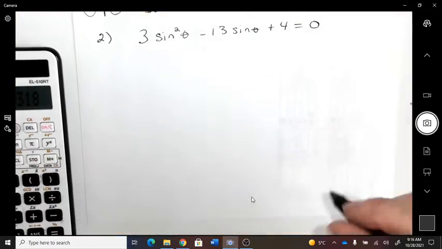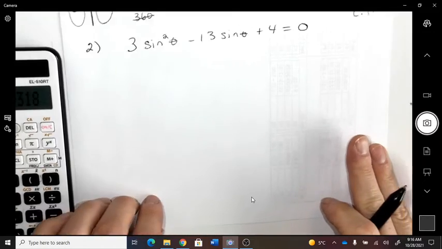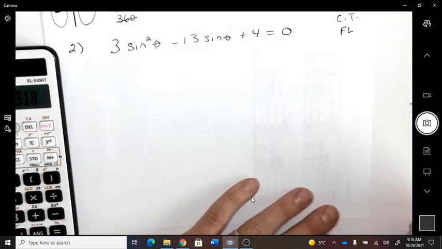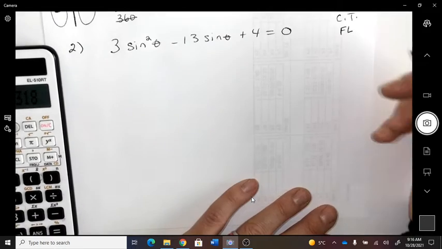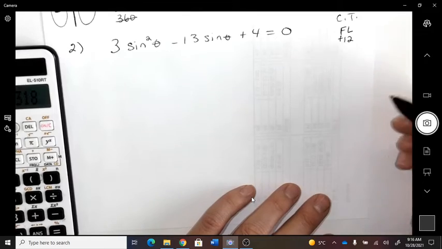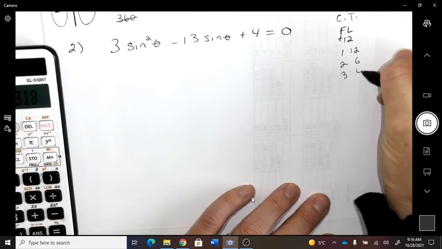Okay, let's try it. Complex trinomial. So how do I start a complex? I go FL, which is positive 12. 1, 12, 2, 6, 3, 4.